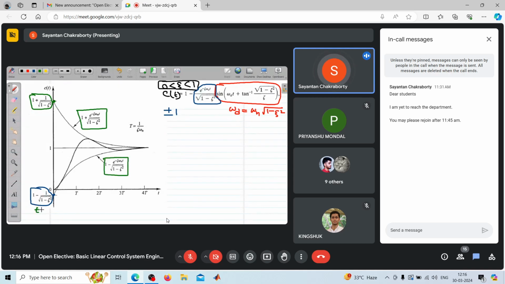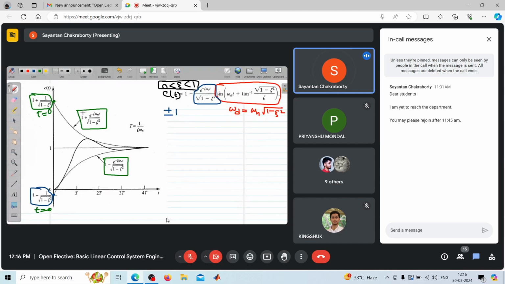This is for t equal to 0, and this is for subsequent values of t. It will be an exponential nature like this, and this exponential envelope defines the amplitude of the output response. In other words, the output response of this C(t) will be within this exponential envelope, right?